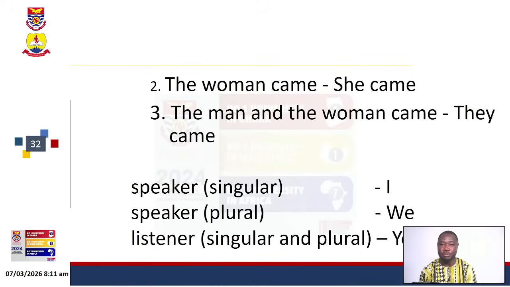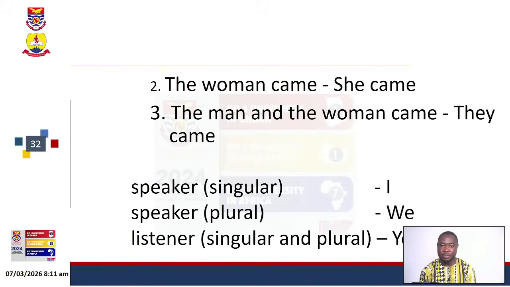She came. The woman is singular. She is also singular. The man and the woman came. We are now conjoining these two singular nouns or noun phrases, and so we have a plural noun phrase, and we replace the man and the woman with they. Okay? Good. Now that is the number.